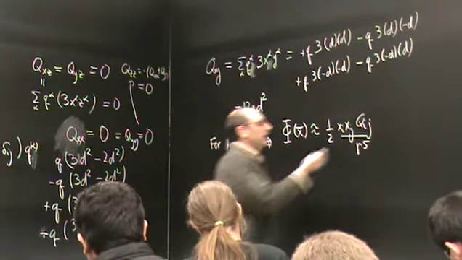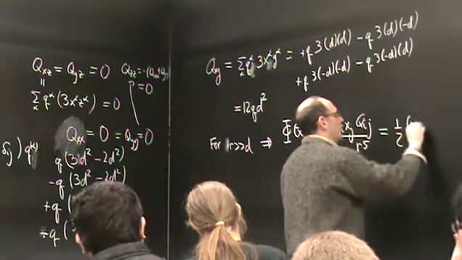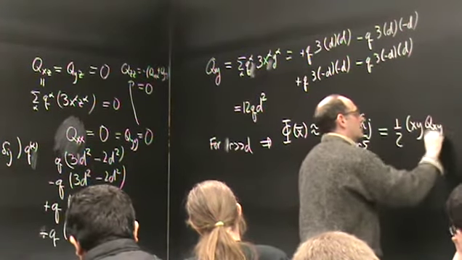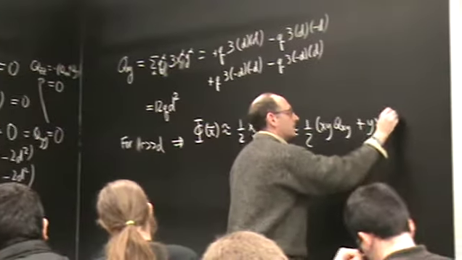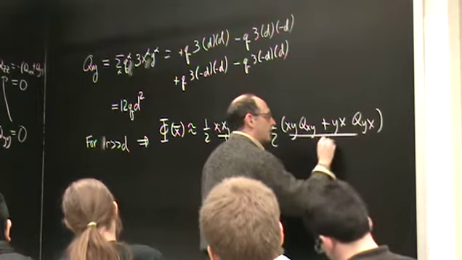This is a half of xy qxy plus yx qyx over r to the fifth.